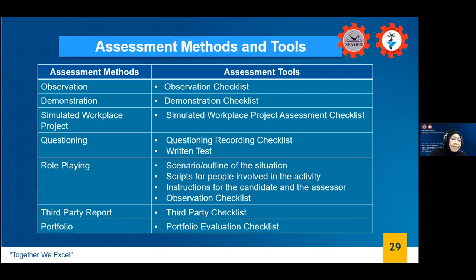If it is a process, normally a checklist will have the steps involved or required for one to carry out a job. Remember, it's either a process or a product.